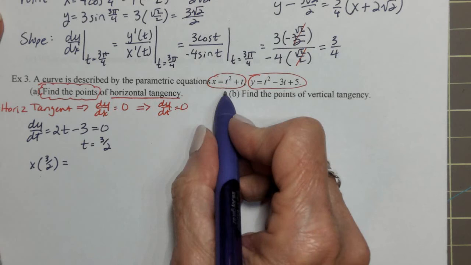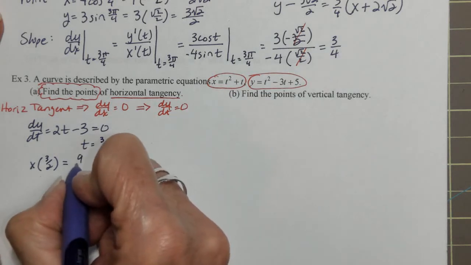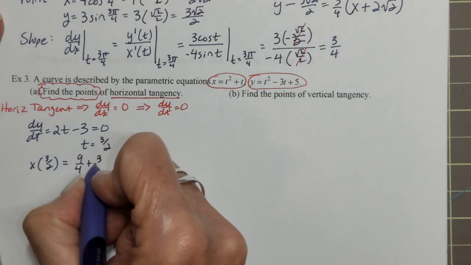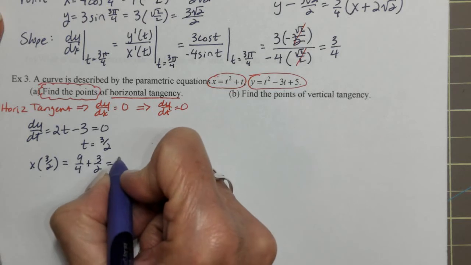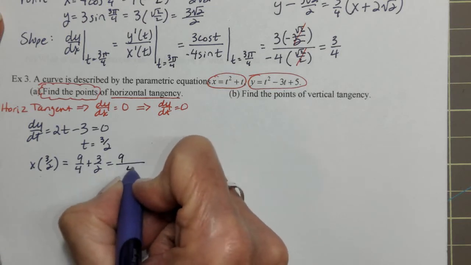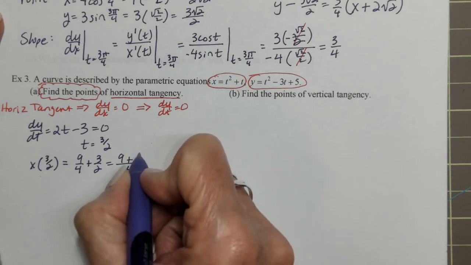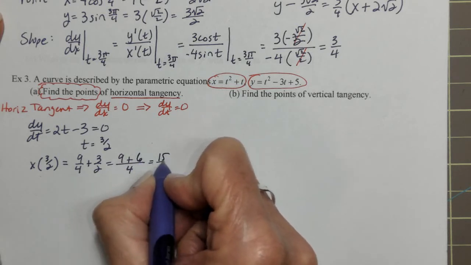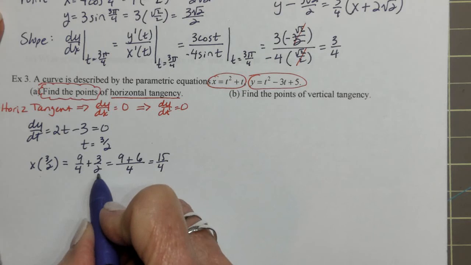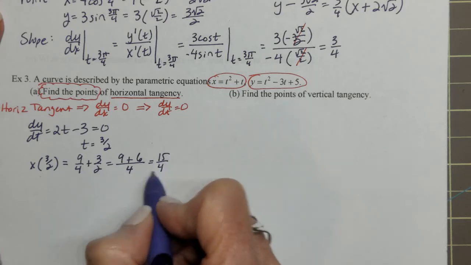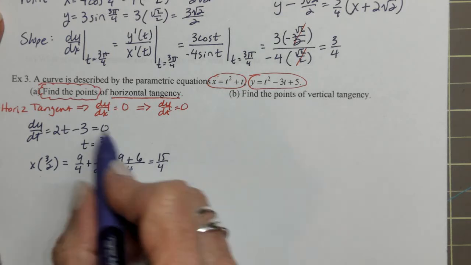So x at 3/2 will be 9/4 plus 3/2. We're going to have some fun with fractions here. Our common denominator is 4. 9 plus, we need to multiply the 3 times a 2, because we multiplied the 2 times 2. So 15/4 is the x-coordinate of the point.